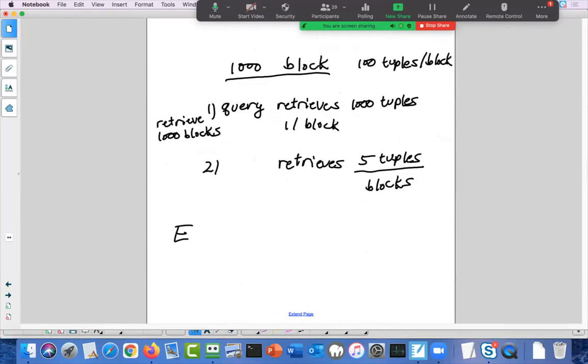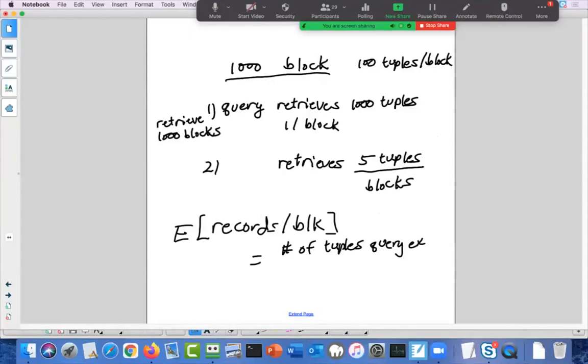Expected records per block equals the number of tuples the query is expected to retrieve divided by the number of blocks.